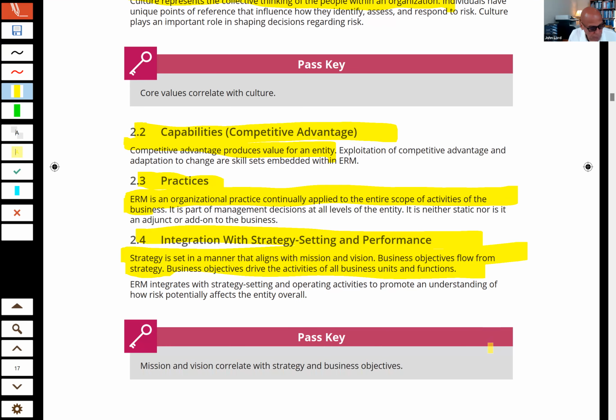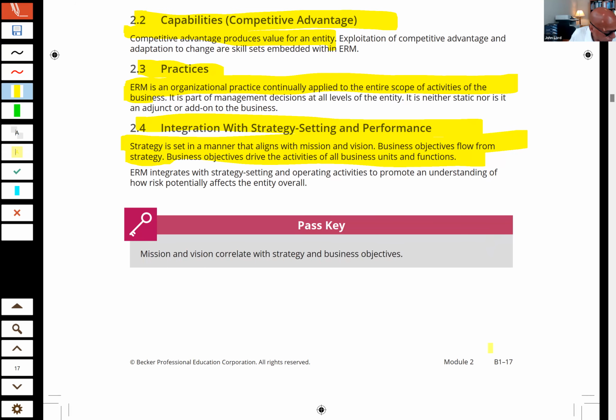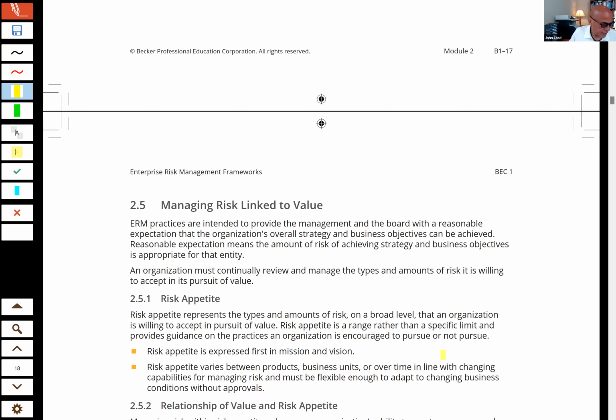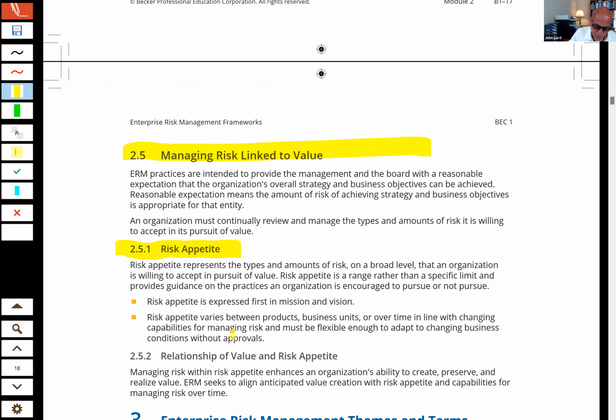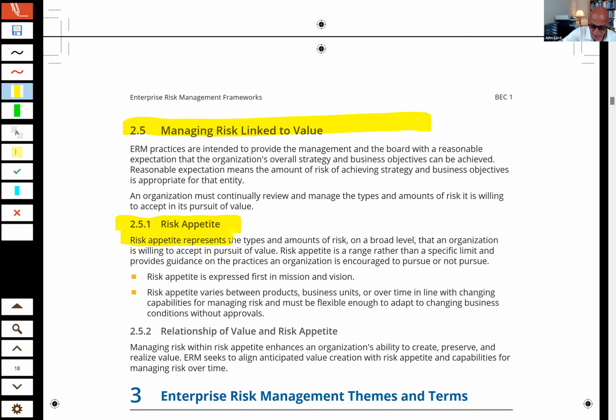Okay, so we come over and we start to take a look at that discussion now, managing and linking risk to value. And we talk about the notion of risk appetite. Risk appetite represents the types and amount of risk, on a broad level, that an organization is willing to accept in pursuit of the value that we have been talking about.